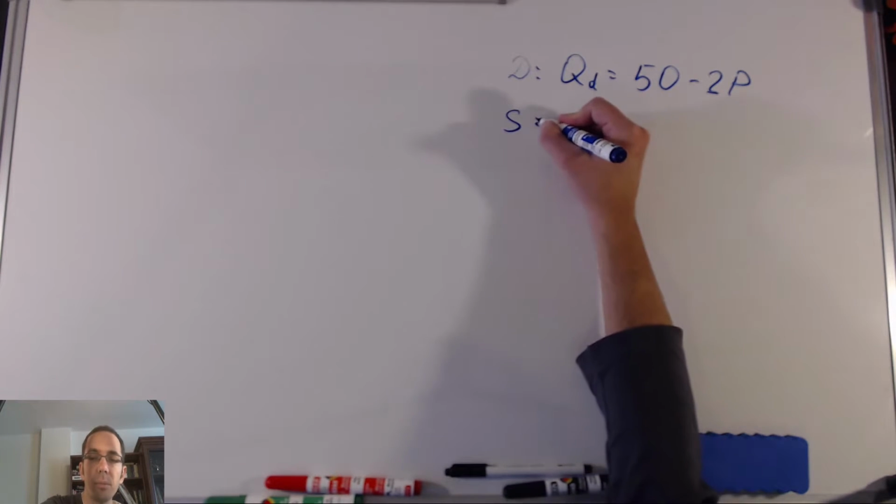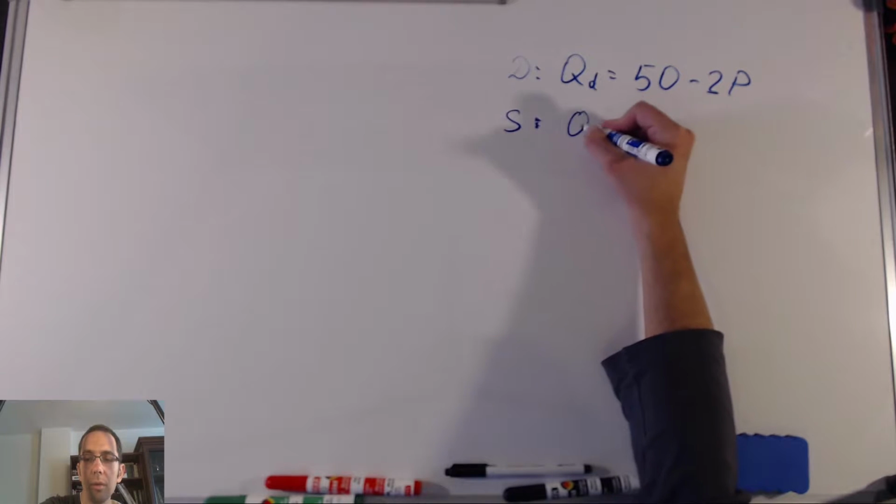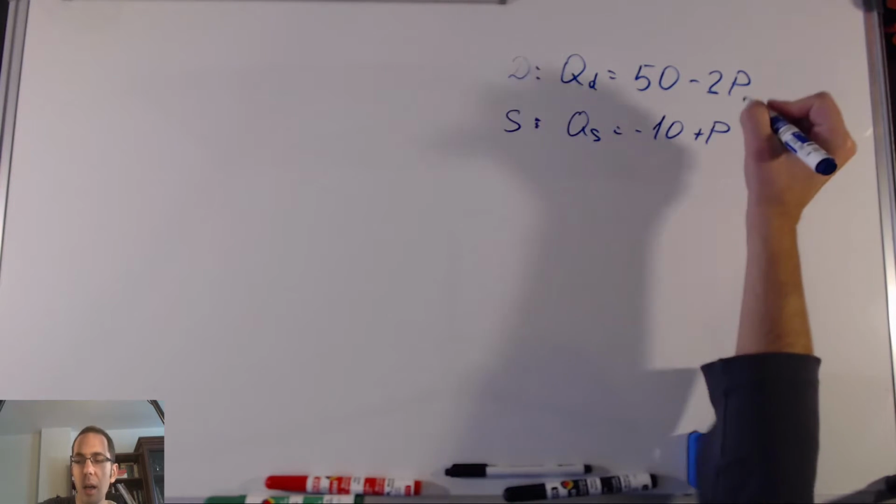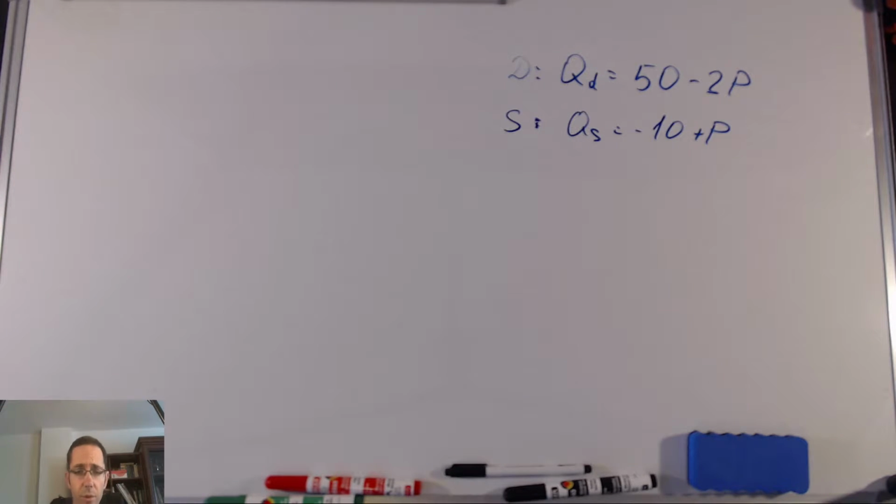And then we'll have a supply equation. So the quantity supplied would be equal to, let's say, minus 10 plus P. Again, a very simple example, just to show you how to calculate the tax incidence. The positive coefficient signifies that we have an upward sloping supply curve, which is again proved by the law of supply.